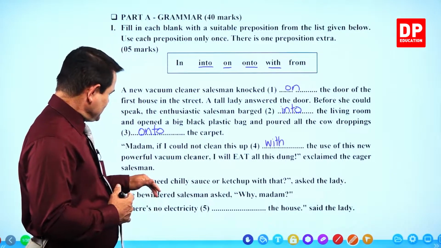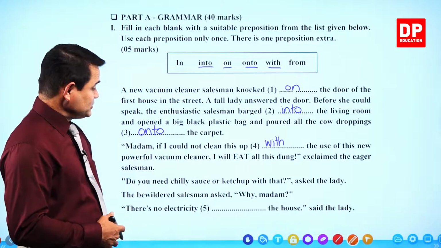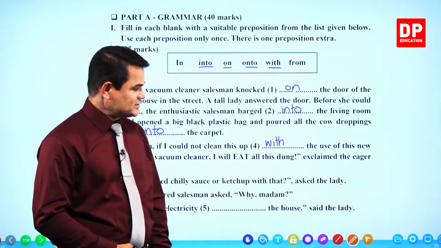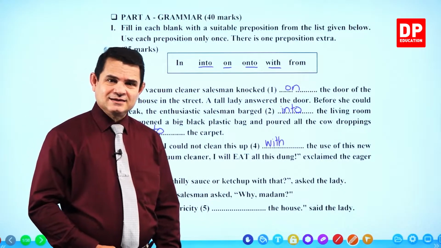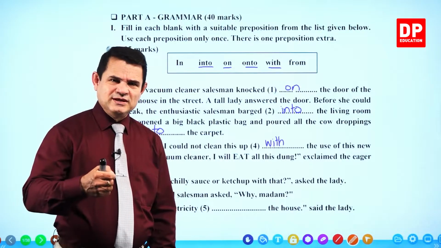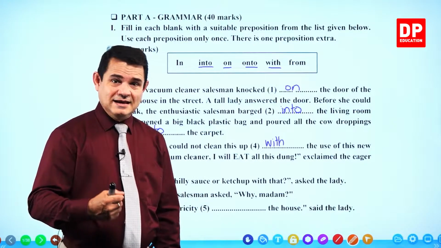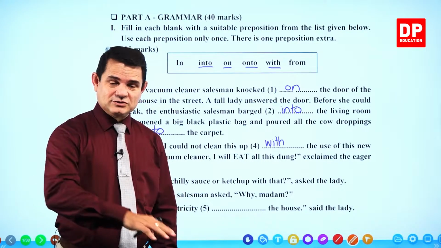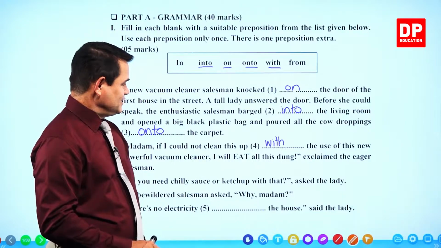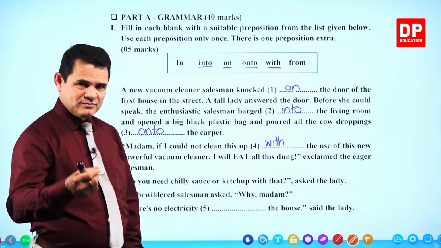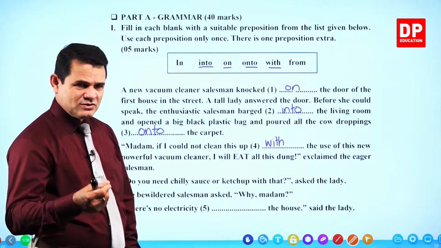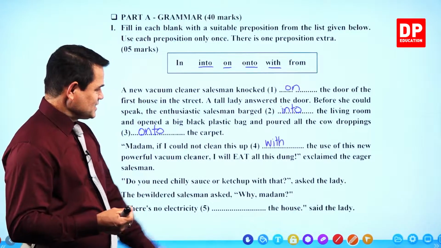Then, do you need a chili sauce or ketchup with that? Asked the lady. Do you need chili paste or anything? The lady asked. Now cow dung is on the carpet, right? නිකම්ම කන්න බෑනේ, මං chili paste හරි මොනවා හරි දෙන්නද? Sauce එක.